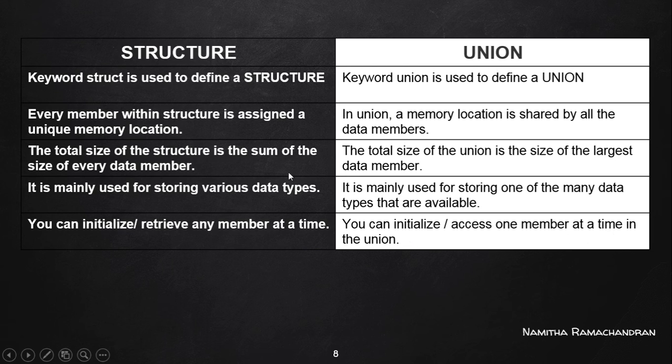So these are the basic differences between the derived data types structure and union. Basically, union can be used for effectively utilizing memory space in certain cases. In case of structure, it requires separate memory allocation for all the members.